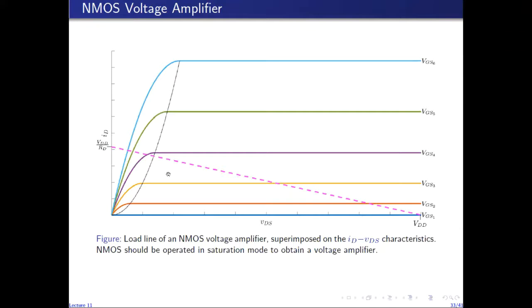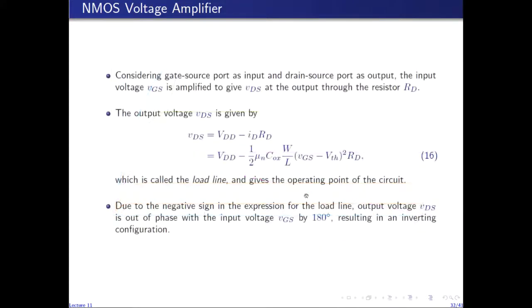So here I plot the load line superimposed with the ID-VDS characteristics of the NMOS device. So this straight dotted line shown in magenta color is actually the plot of this equation. So when ID is 0, the device is in cutoff mode, and VDS is given by VDD.